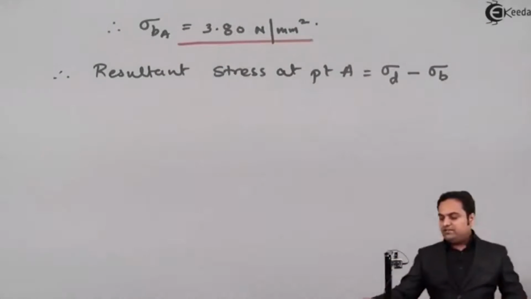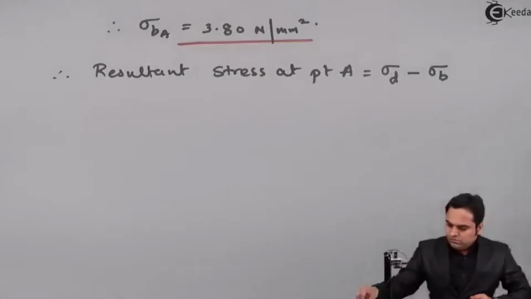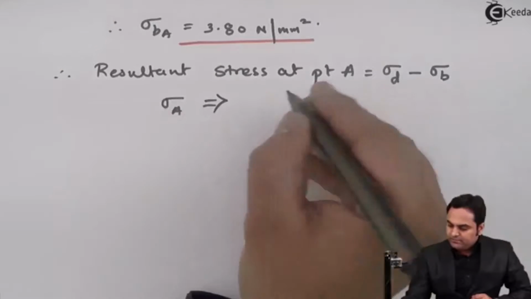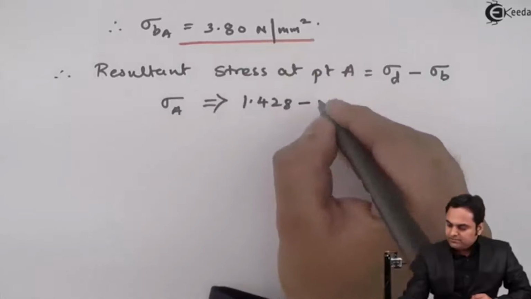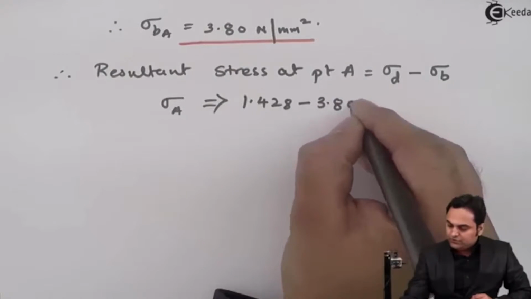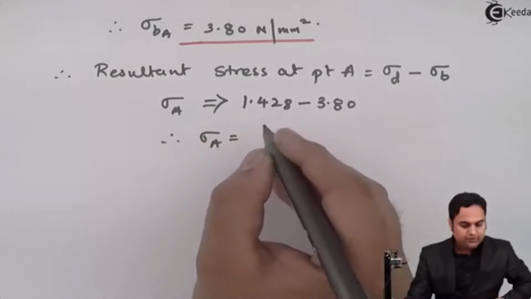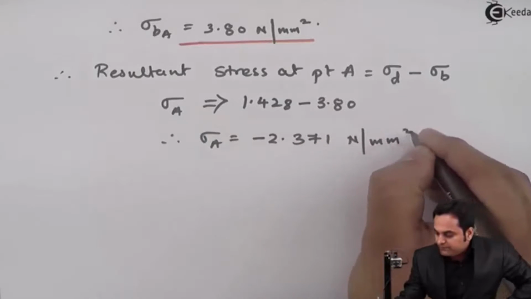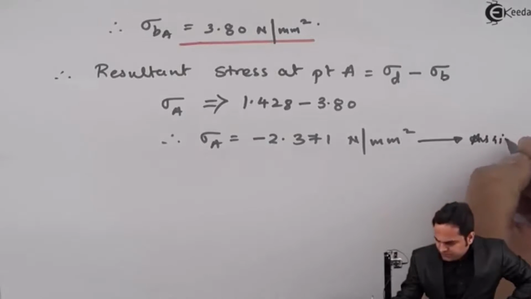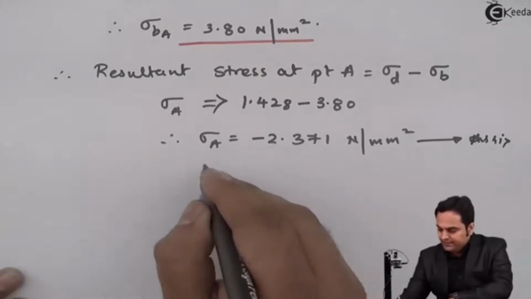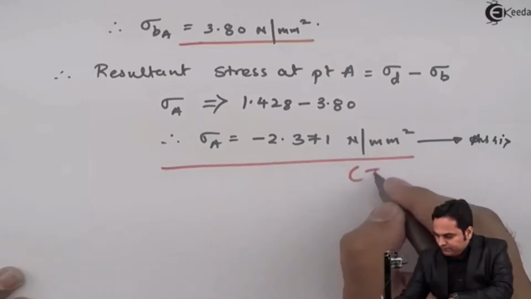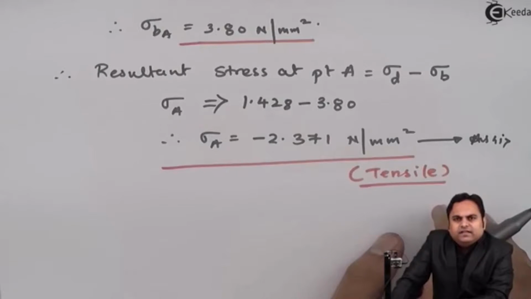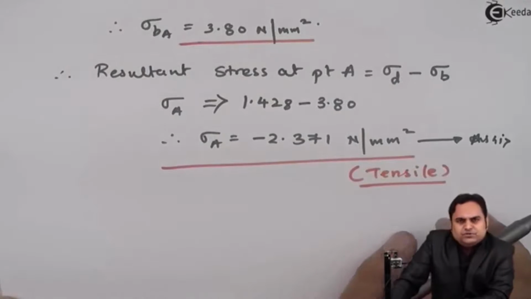So it is sigma D minus sigma B. Therefore, the resultant stress at point A is equal to the direct stress 1.428 minus sigma BA 3.80, so the value comes out to be minus 2.371 Newton per mm square. This will be the first answer, because in the problem they have asked to calculate the stress at A, and here I am getting a negative value. It means the stress is of tensile nature, because in direct and bending stresses we take tensile stress as negative and compressive stress as positive.